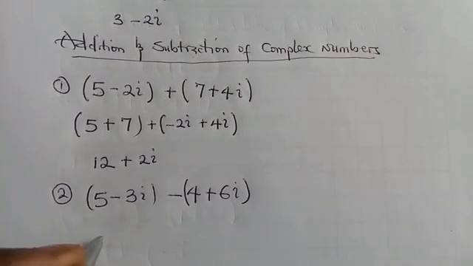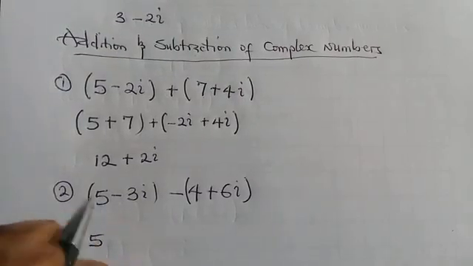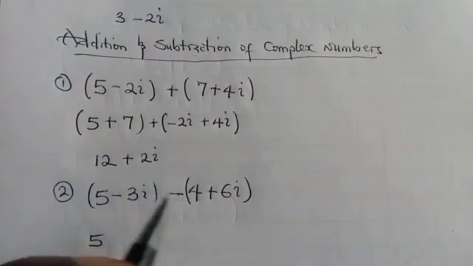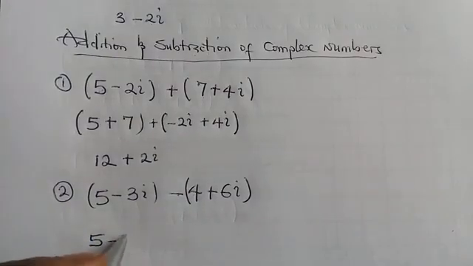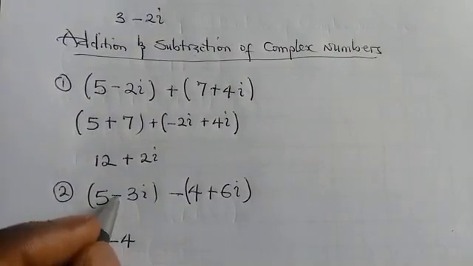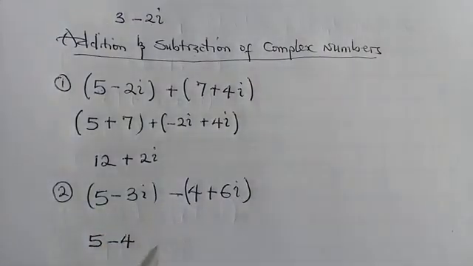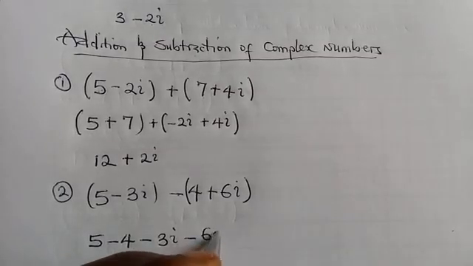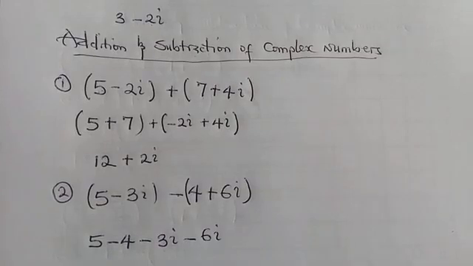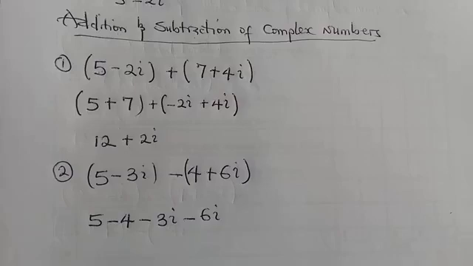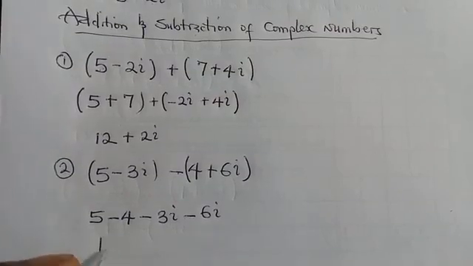That is, we are going to have 5 minus 4. Then we'll have minus 3i minus 6i. So 5 minus 4 is equal to 1.